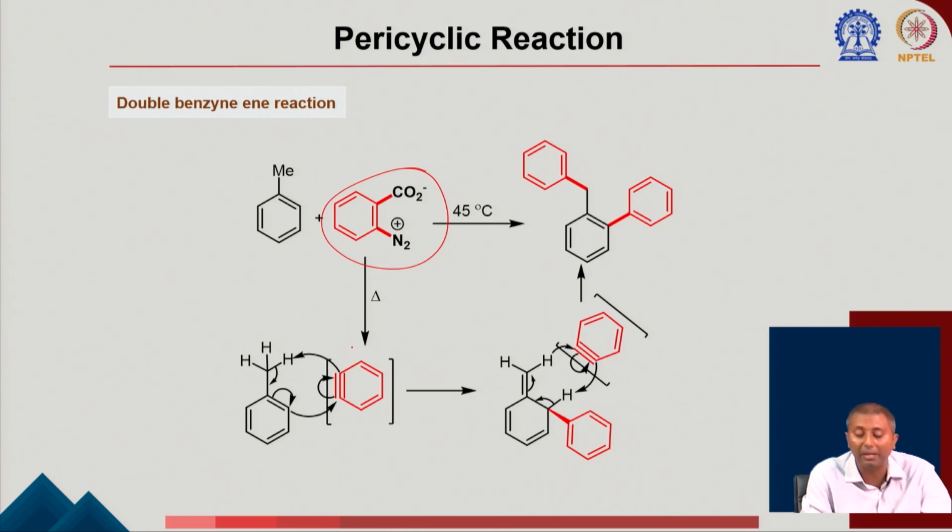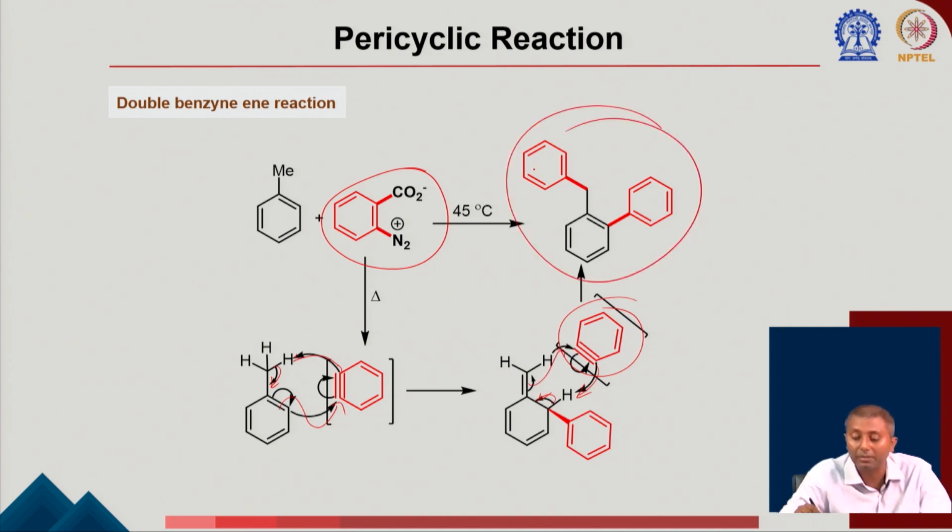If you think about a plus and minus, then it can take this proton here, very similar to the corresponding ene reaction. Now it can take the positive part. And after that, what is going to happen? In this stage, another benzyne can participate in another round of ene reaction here. So it can act as an enophile to form this corresponding product after the two successive ene reactions.